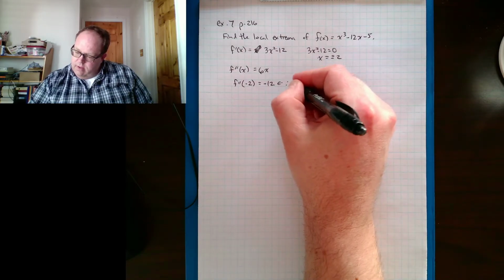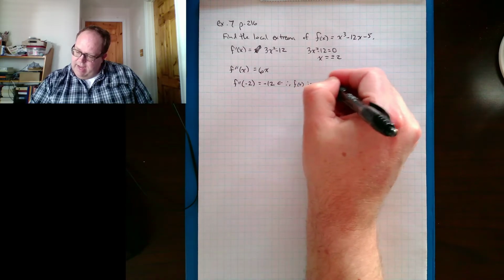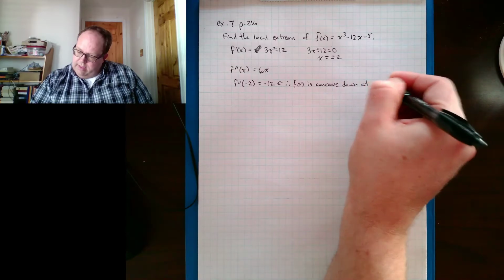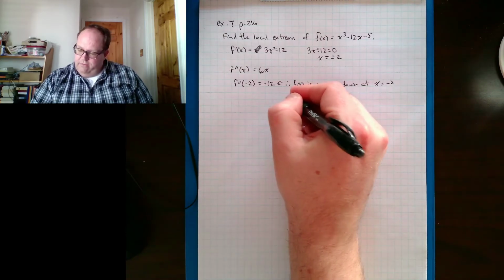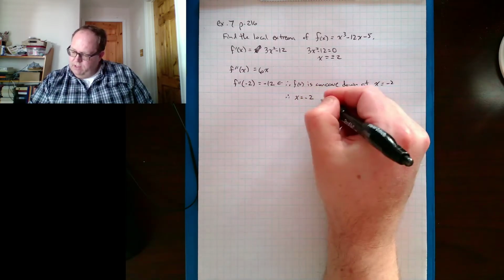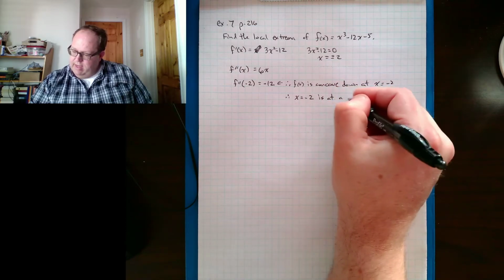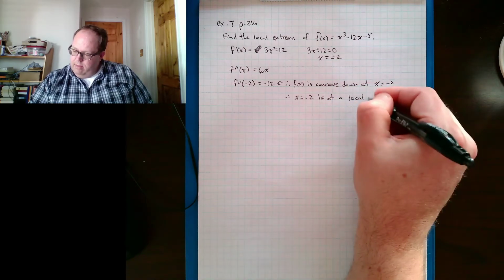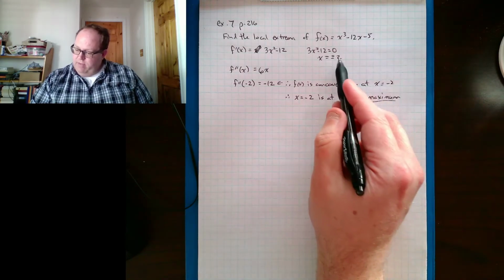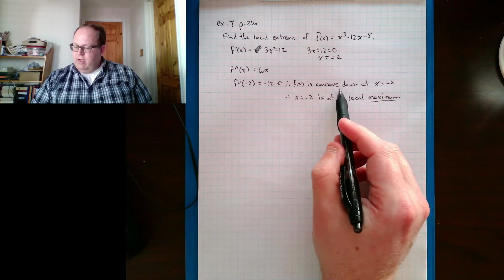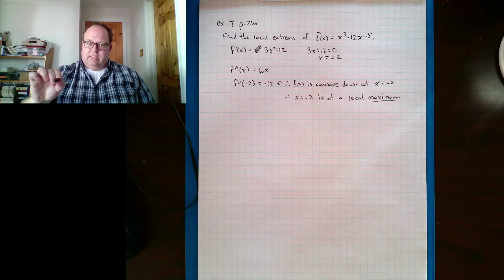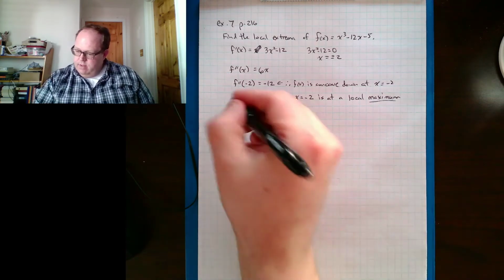Therefore, f of x is concave down at x equals negative 2. Therefore, x equals negative 2 is at a local maximum. Because if my extreme value has a concave down shape, that is going to be the maximum on it.